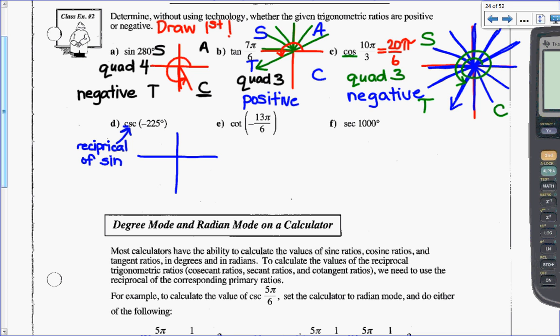Negative 225, well, that's going to go around this way, and it's going to go right to somewhere in the second quadrant. Okay, so this is quadrant 2. And let's see, all suckers take chemistry. Sine is positive in quadrant 2, so its reciprocal would also be positive in quadrant 2.